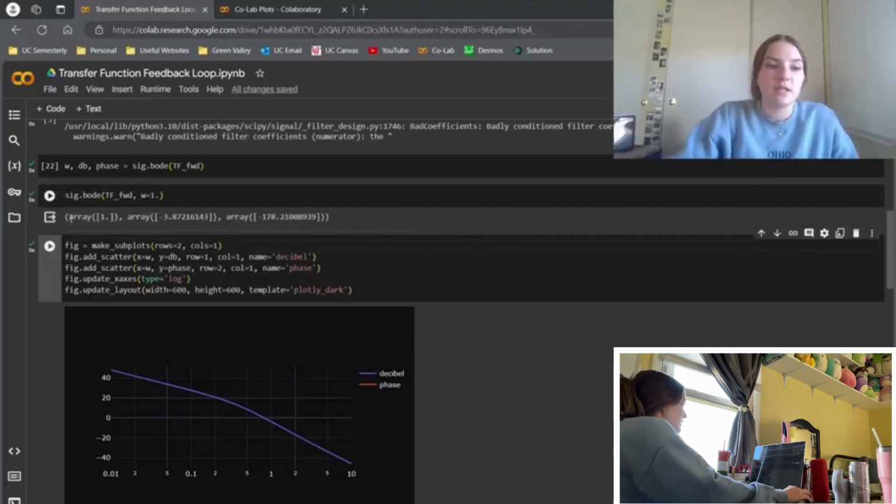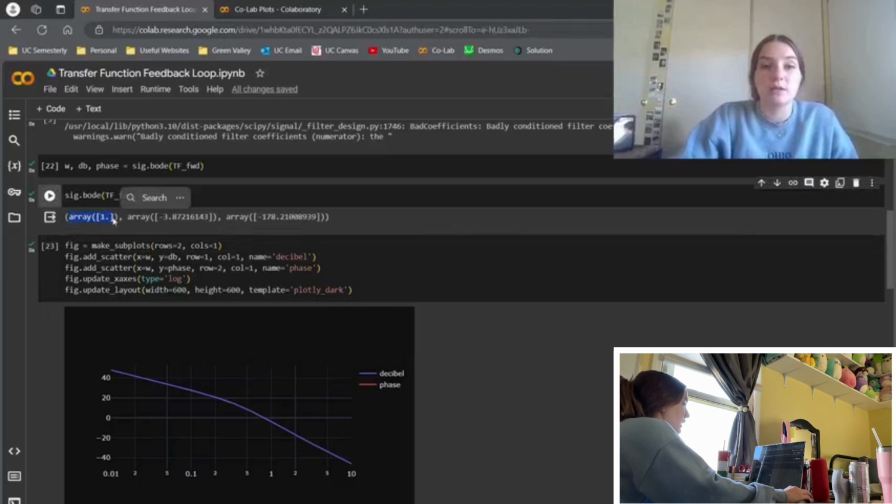So we can see that this outputs our first array as 1 because that's our omega array. Our second array is giving us our decibels, and we can see that that's at about negative 3.87. And then it gives us our phase lag at negative 178 degrees.